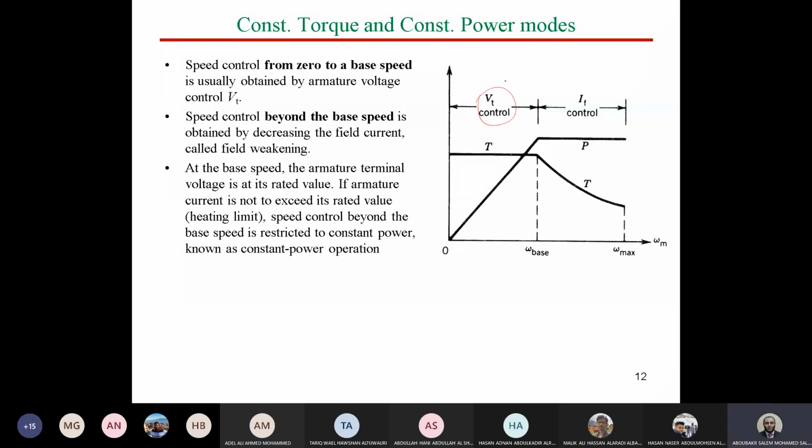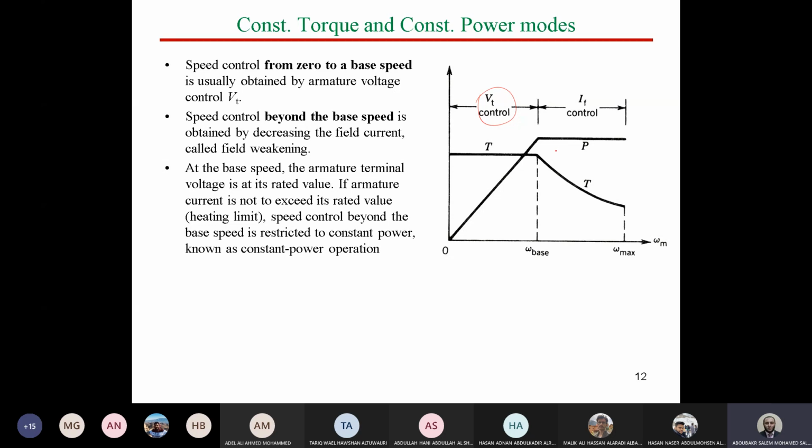And after that, we can make field control or power control by keeping power constant, and in this case the torque will be decreased in over speed, or we can say that this is like field weakening.